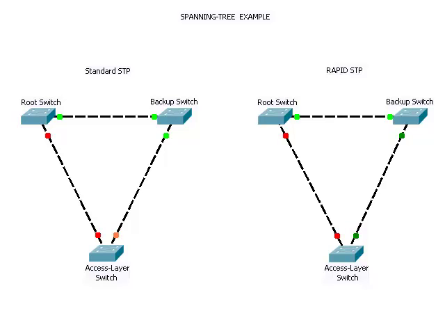This is because the access layer switch root port interface is physically down, and so the only way for the access layer switch to contact the root switch is if one of its alternate ports is unblocked. The switch using normal spanning tree took about 30 seconds to converge.